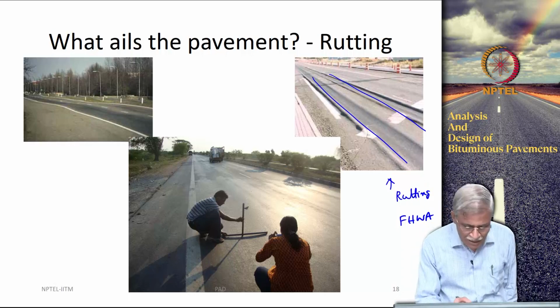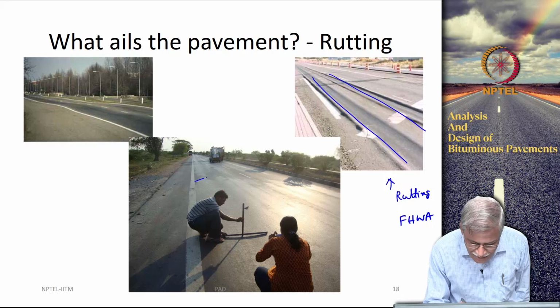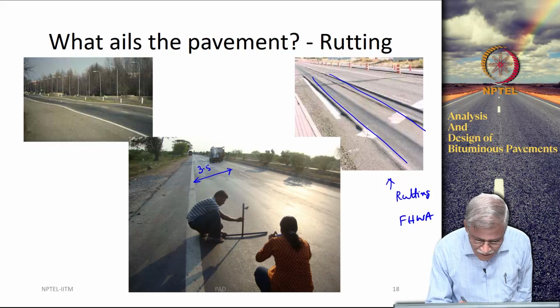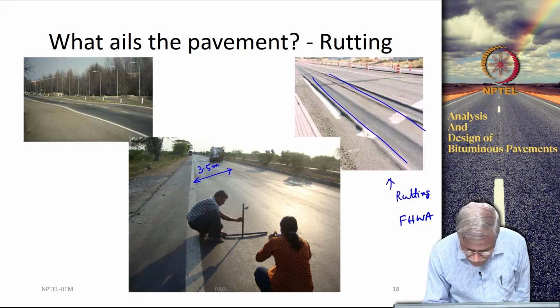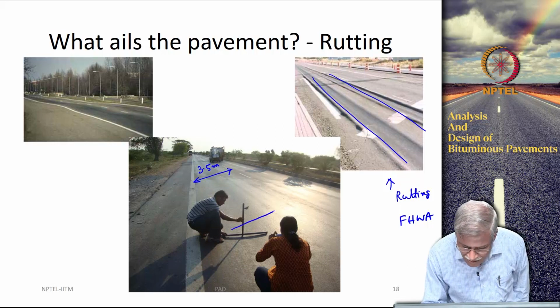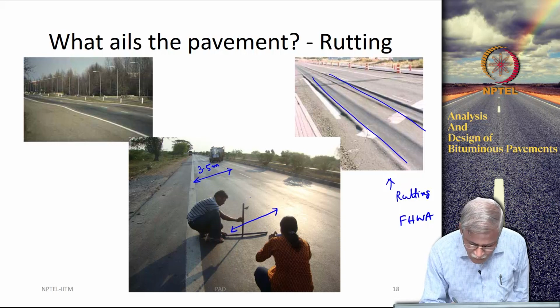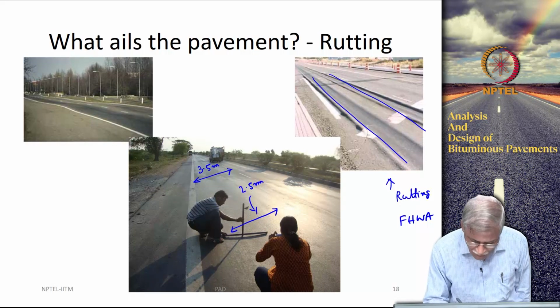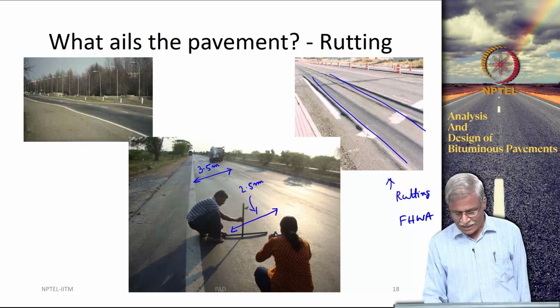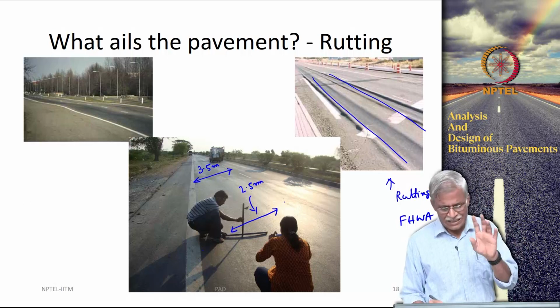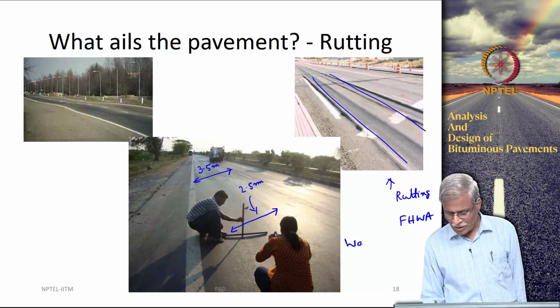So, there is a lane here, let us say 3.5 meters, and the vehicle could be roughly 2.5 meters. Typically when you are driving, the driver will position his vehicle, let us say, half a meter from this lane edge and another half a meter from the other lane edge. This has something to do with what is called vehicle wander.